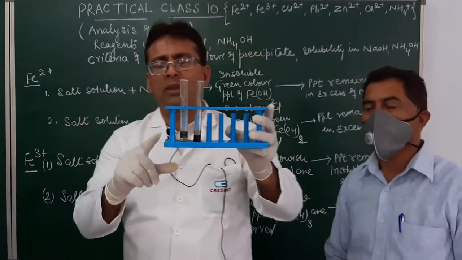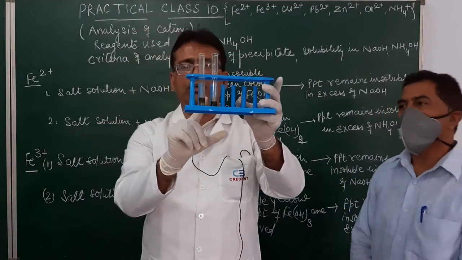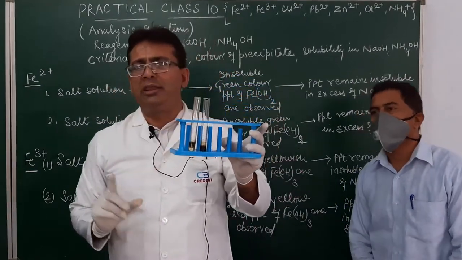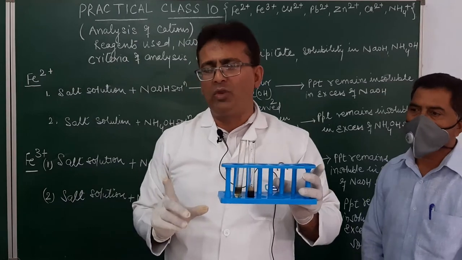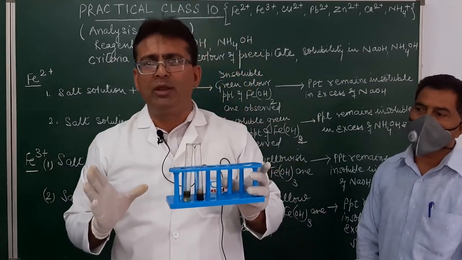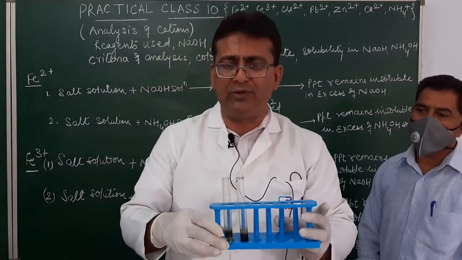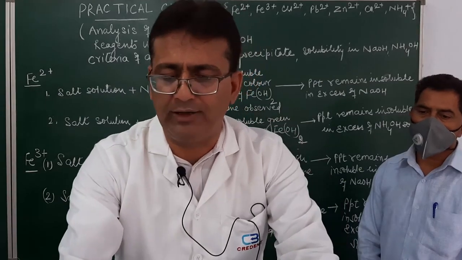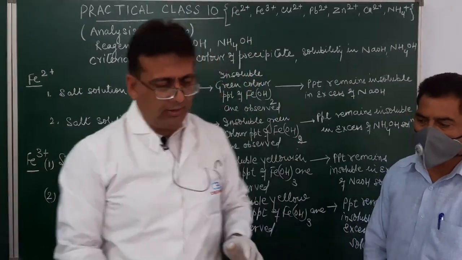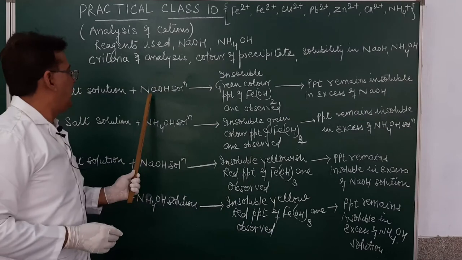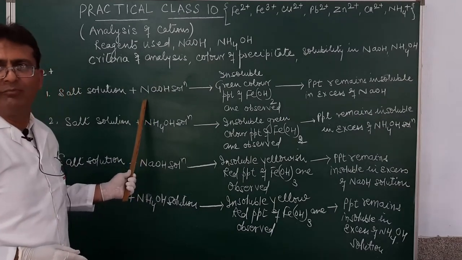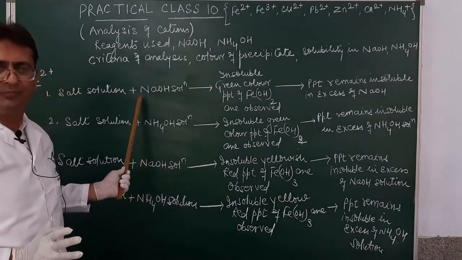The precipitates are green and remain insoluble in excess of sodium hydroxide as well as ammonium hydroxide solution. I think the identification of ferrous ion must be very, very clear.